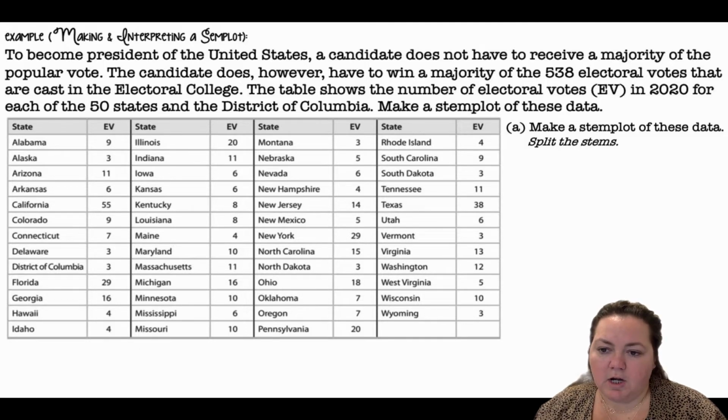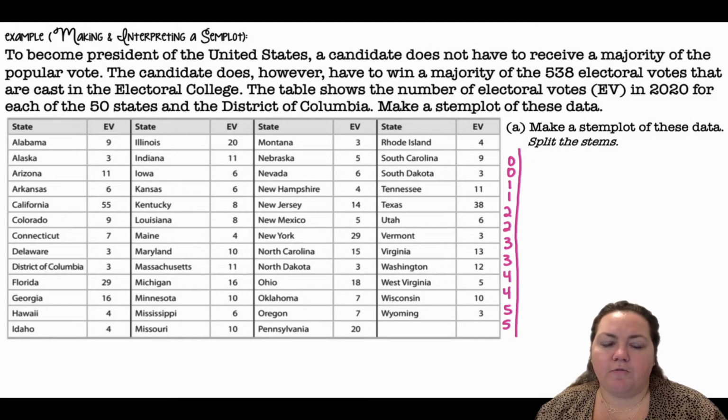Alright, so we're going to use split stems. So we're going to have 0 through 4, and 5 through 9, 10 through 14, 15 through 19, 20 through 24, 25 through 29, and so on.